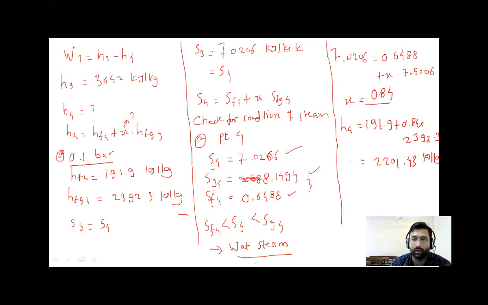Why do we calculate H4? To calculate turbine work. So calculate turbine work, H3 minus H4. So here H3 is 3642 minus 2201.43.